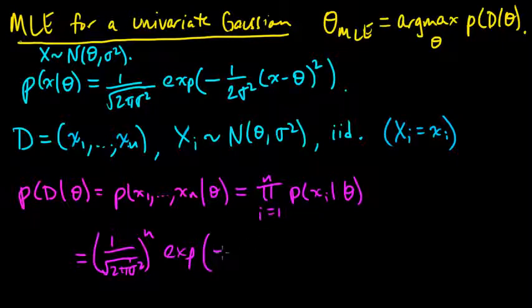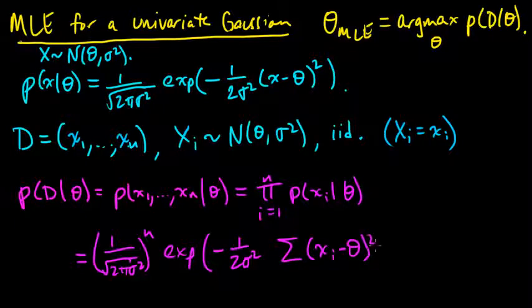So this is minus 1 over 2 sigma squared; we can pull this constant factor out, and we get the sum over the (xi minus theta) squared as i goes from 1 to n. So that's what this product equals, just plugging in this formula.